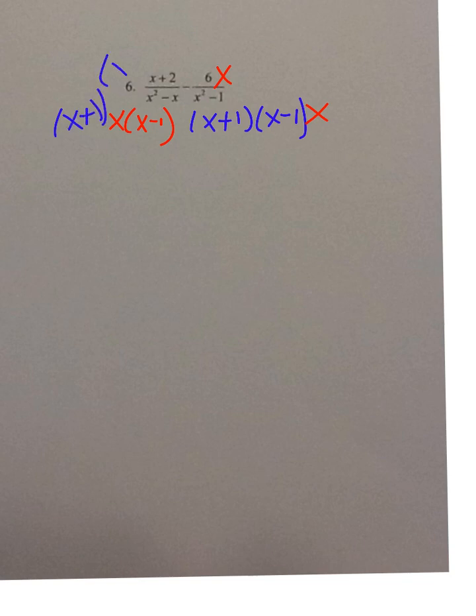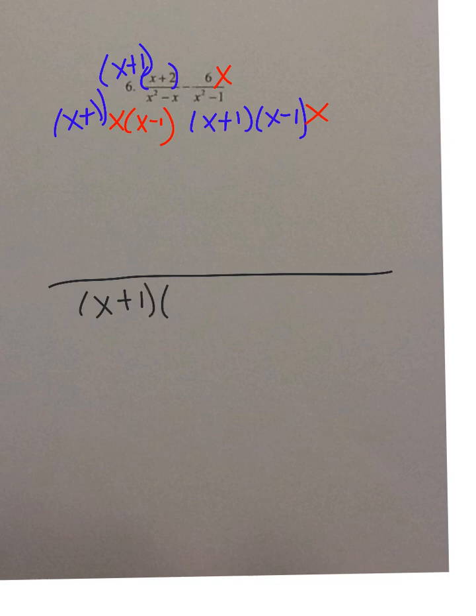Numerator and denominator. Now the numerator here has an x plus 2, so that is x plus 1 times x plus 2. I will have to double distribute. My denominator is going to be x plus 1, x minus 1, and I have an x. In the numerator here, I'm going to distribute the x.